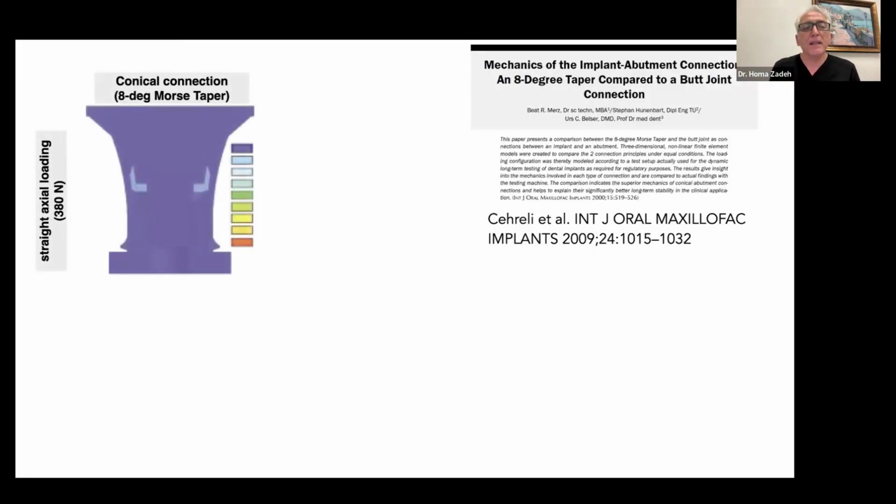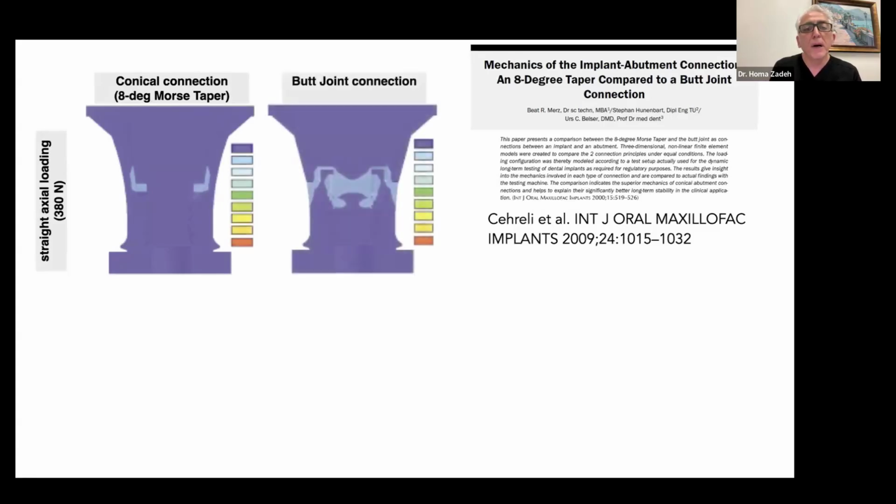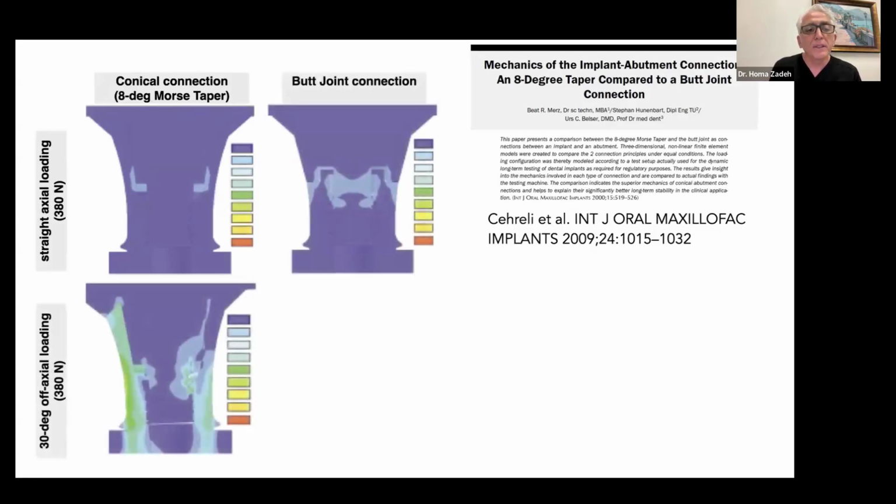The other aspect that I'd like you to consider is the length of that conical connection. You can see that this is a conical connection with 8 degrees of Morse taper and a butt joint connection. When you have a conical connection and subject that to off-axial loading, there's very good distribution.